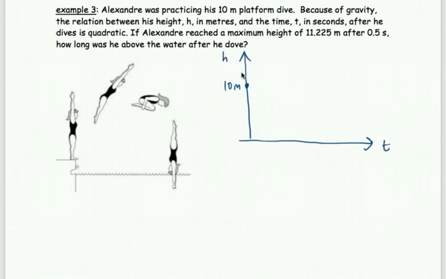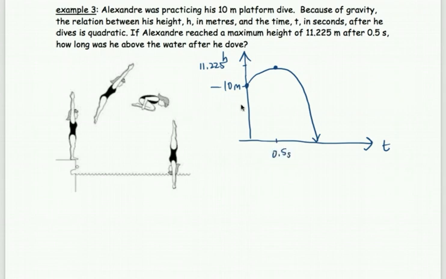This person's going to jump and then dive into the water down here. We know the platform they jump off of is 10 meters. From here, the maximum height that the diver gets is 11.225 meters, and from here to here takes 0.5 seconds.